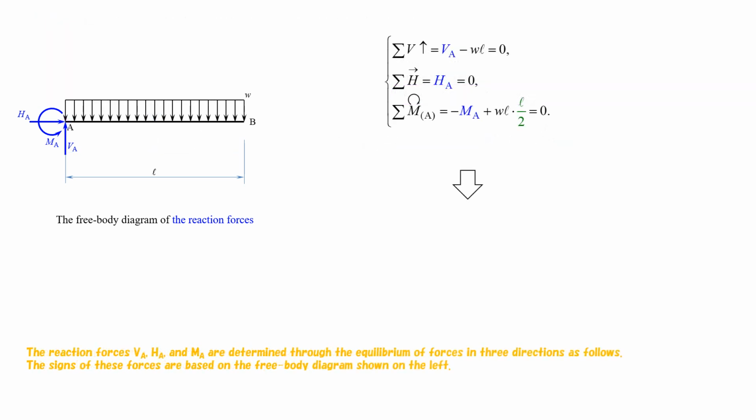The reaction forces, VA, HA, and MA, are determined through the equilibrium of forces in 3 directions, as follows. The signs of these forces are based on the free body diagram shown on the left.